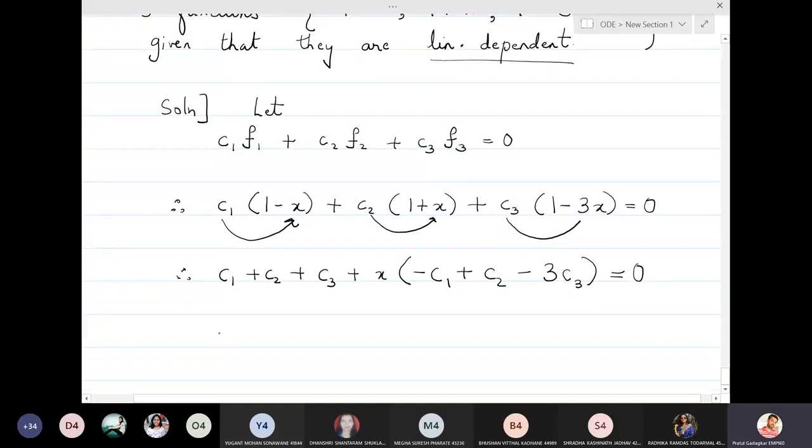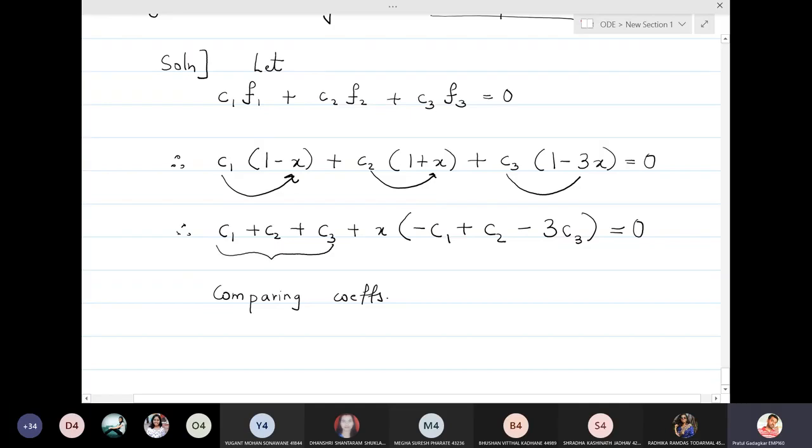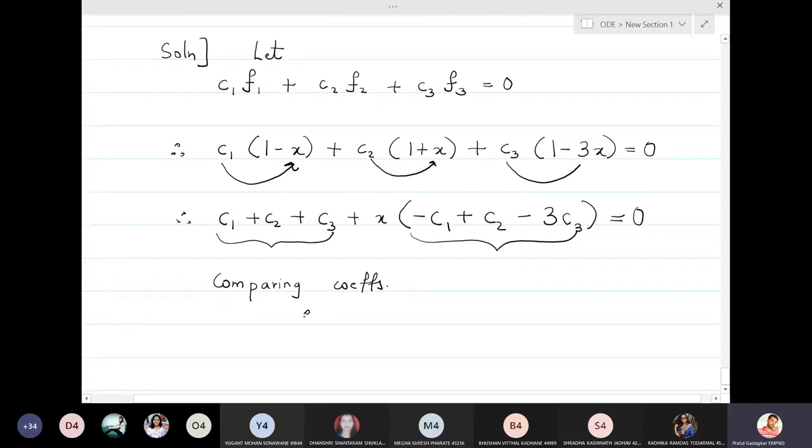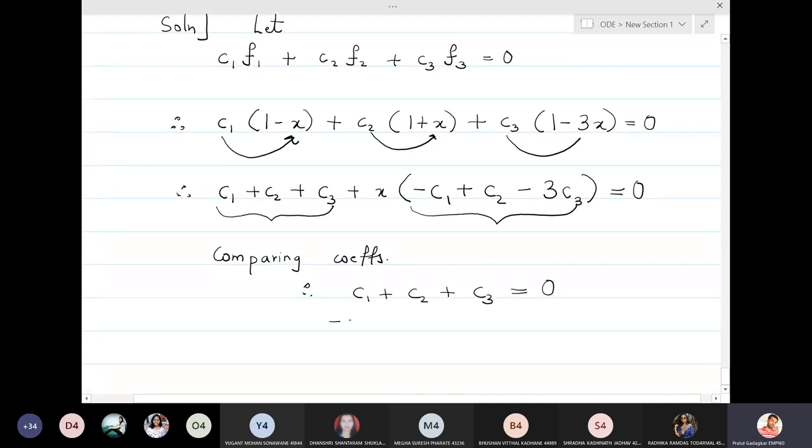Comparing the coefficients, because on the right hand side everything is 0, these are all constant terms, and these are the terms which are coefficients of x. So I will get C1 plus C2 plus C3 must be equal to 0. And the second relation is minus C1 plus C2 minus 3 C3 is equal to 0.